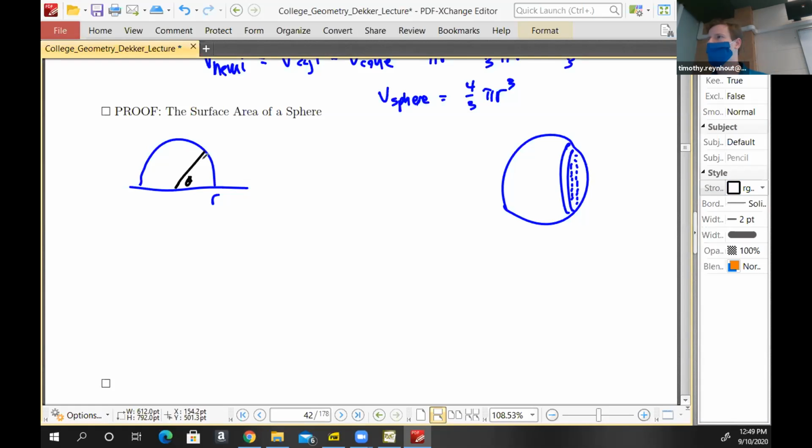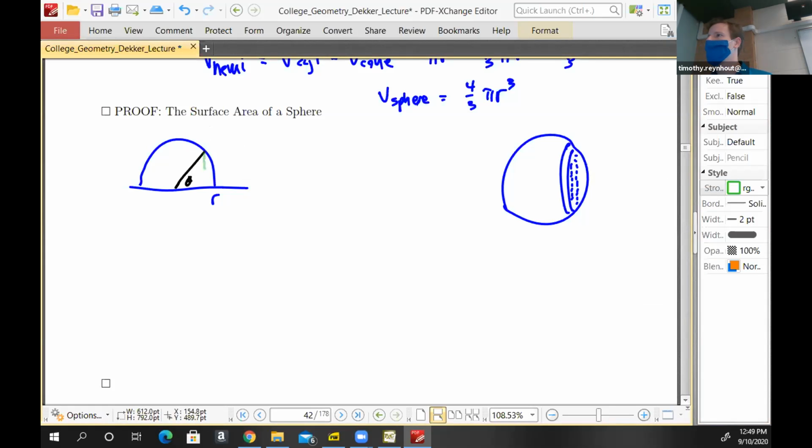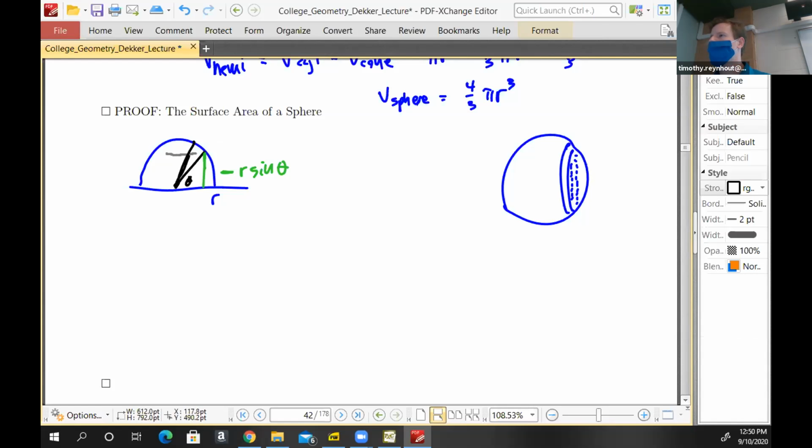Then this height would be given as r times the sine of theta. And in order to help us observe a band here, if we want to integrate over theta, we could take this small angle measure and call it d theta. So we're integrating from 0 to pi here.